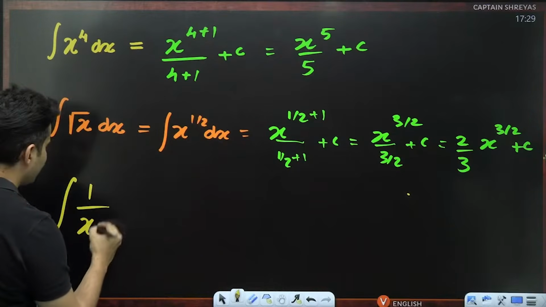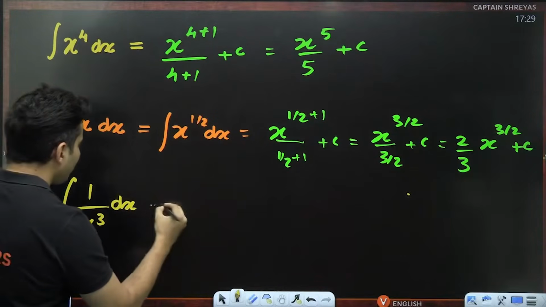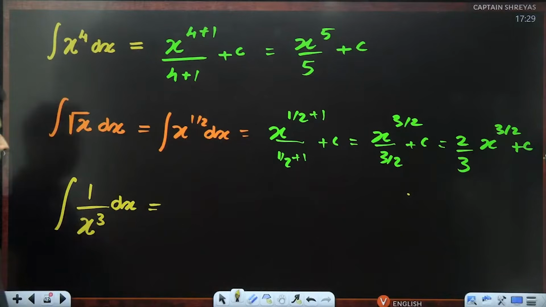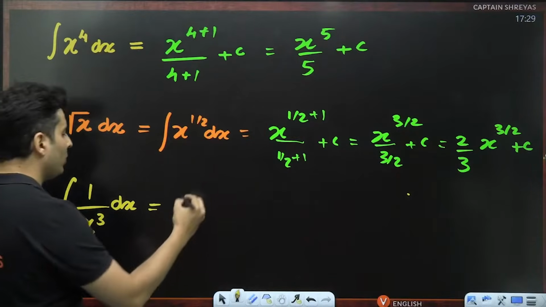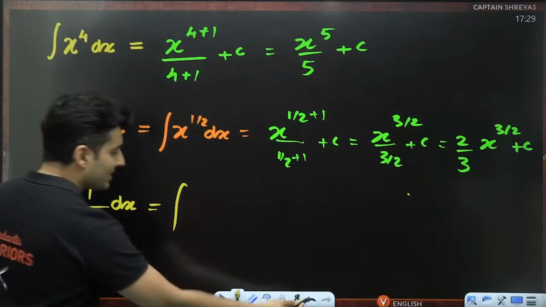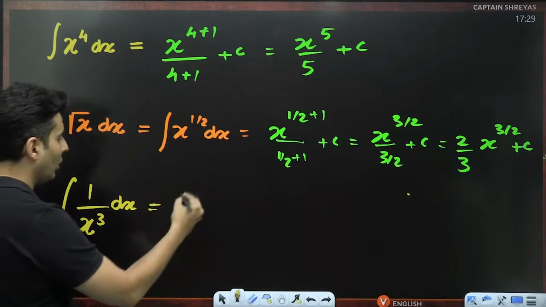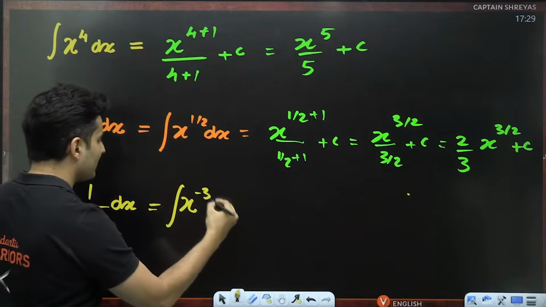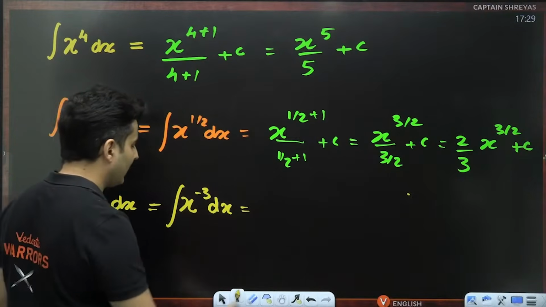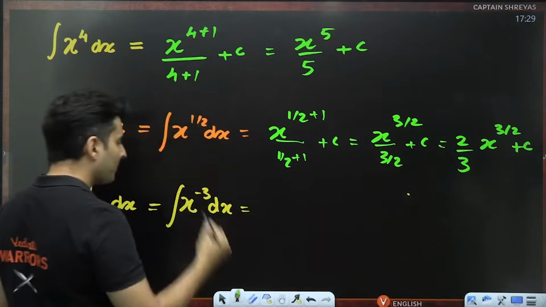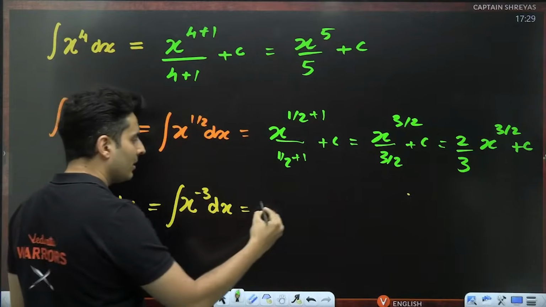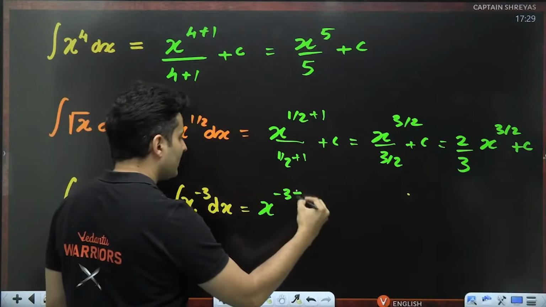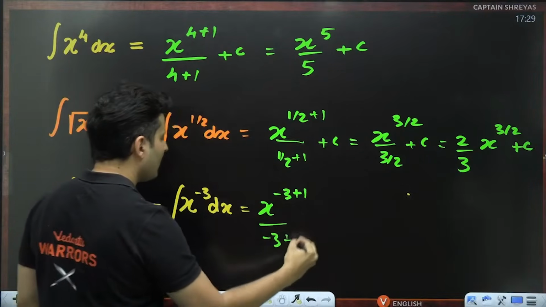1 by x cubed's integration. You cannot do it directly. You have to bring it on the top. Just like in derivatives, always bring it on the top. So it will be integration of x raised to minus 3 with respect to x. Now this is doable. This minus 3 is like n. So it will become x raised to minus 3 plus 1 upon minus 3 plus 1.